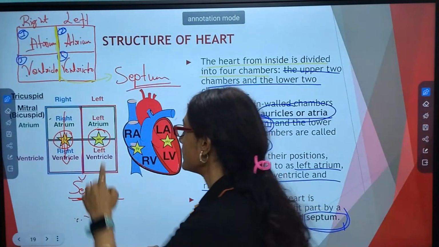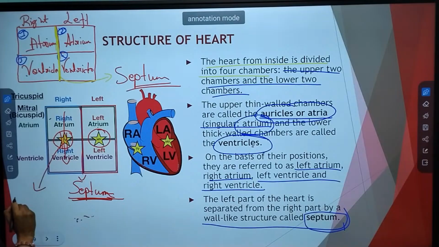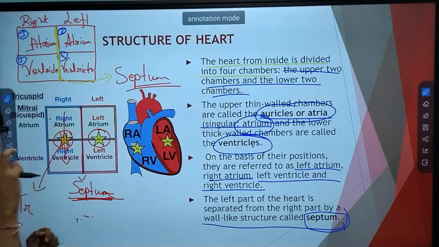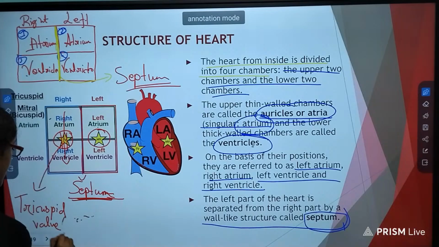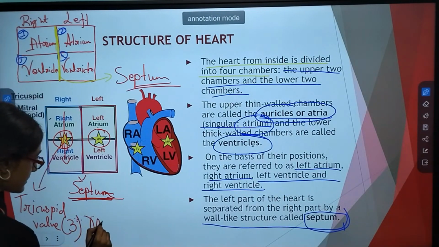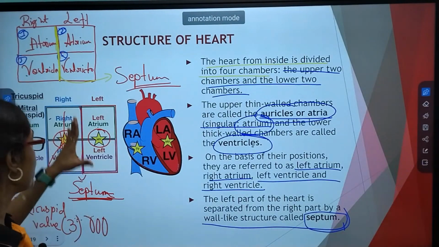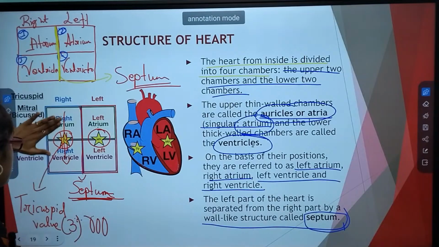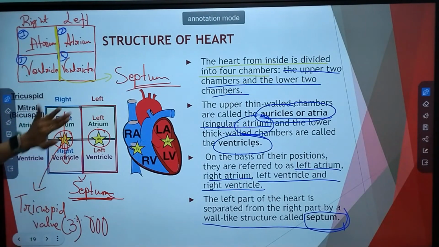So this TV is known as tricuspid valve because it has three valves, like this, like this, like this. So three doors are there through which blood passes from right atrium to right ventricle.